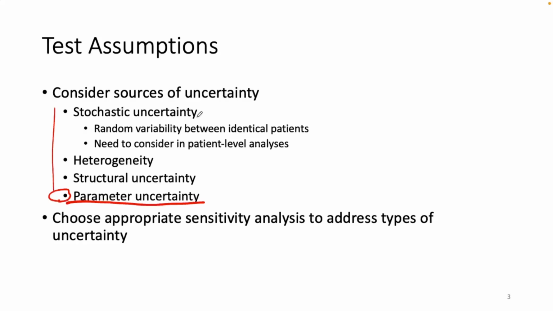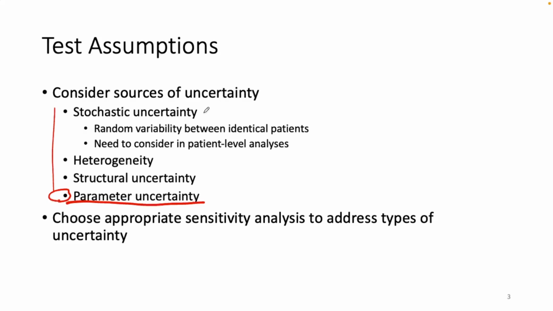Stochastic uncertainty refers to random variability between patients that's not based on any sort of clinical characteristic that we can identify. So imagine you have two patients who have basically identical clinical characteristics, same demographics. There's not really any reason that you would expect them to perform differently, and yet they experience very different outcomes.